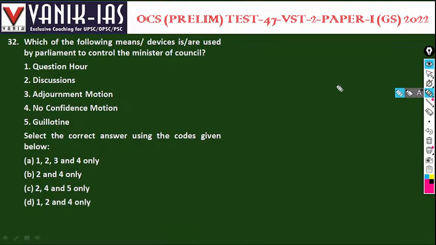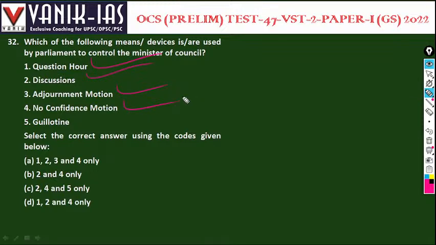Which of the following devices are used by Parliament to control the Council of Ministers? What can be used by Parliament? Usually used are question hour, discussions, adjournment motion, and no-confidence motion.